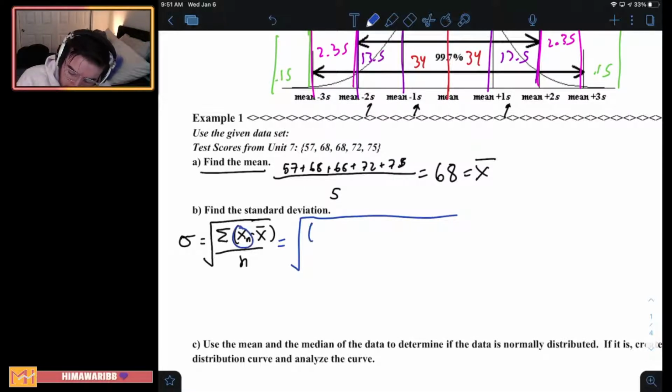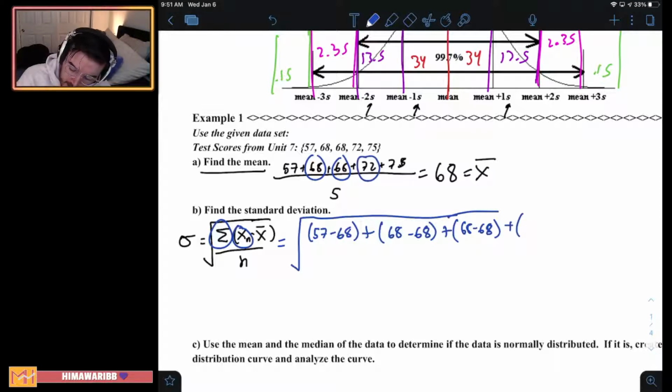So take the data point, 57, minus the average, 68, add it, because that's what that means. It means sum. And do the next data point, 68 minus 68, plus the next data point, 68 again. 68 minus 68, plus take the next data point, 72 minus 68.